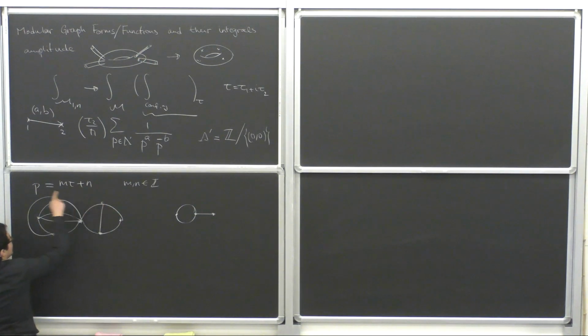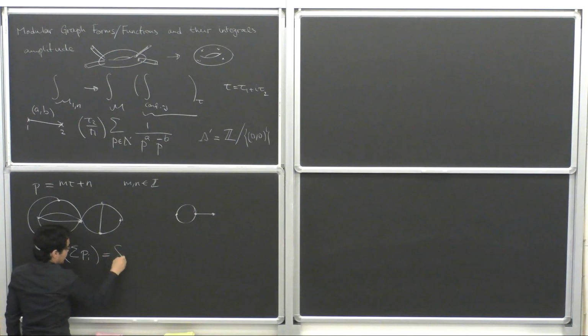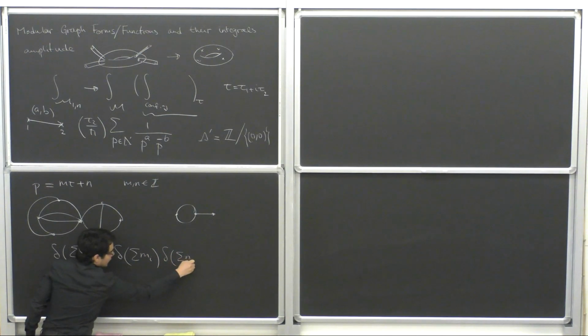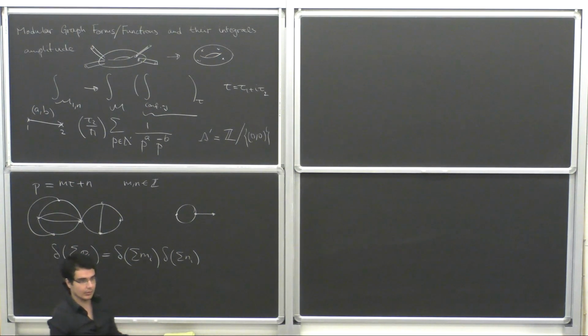Seeing these things as momenta, at each vertex we have momentum conservation, so put some delta function like this, where something like this means the sum of m's must be 0, and the sum of n's must be 0. Simple rules. Then you have some lattice sum, which is your modular graph function.